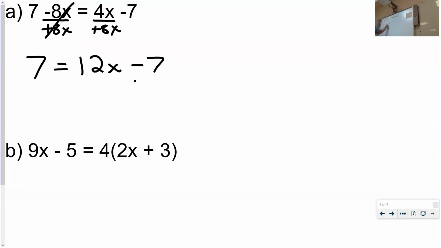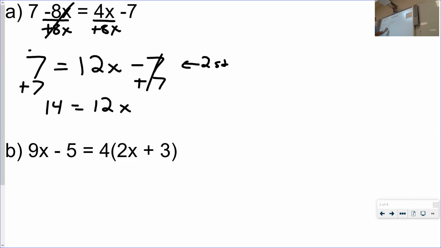Over here, we do plus 7, cross that out. We have 14 equals 12x. Hey, now this is before, right here, it was a 2-step. Now it's a 1-step. So we're going to solve.